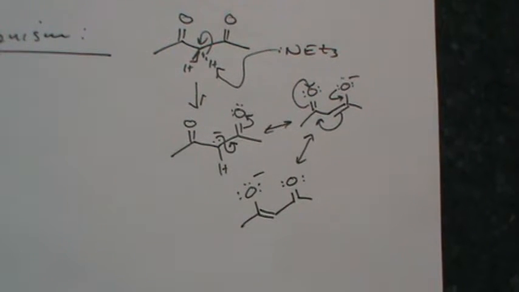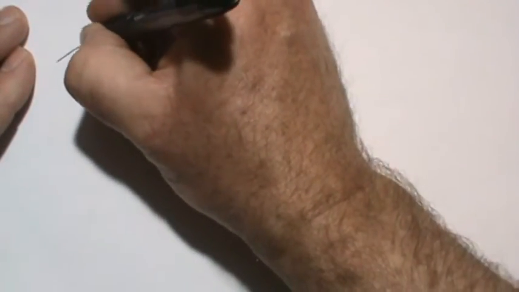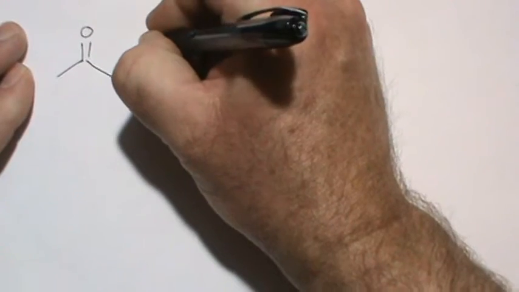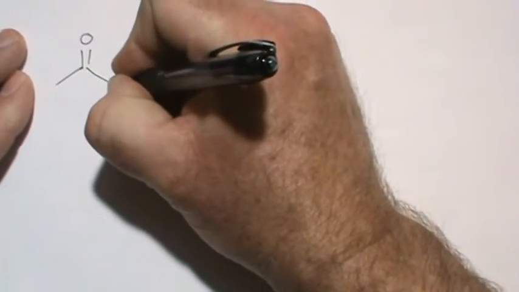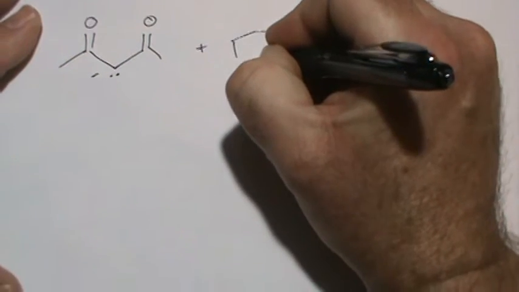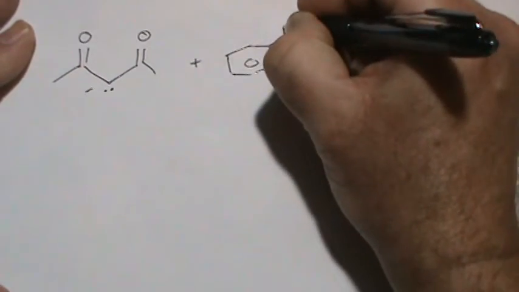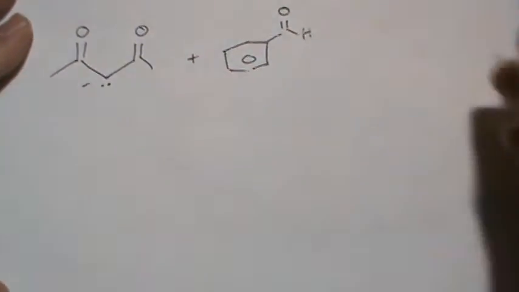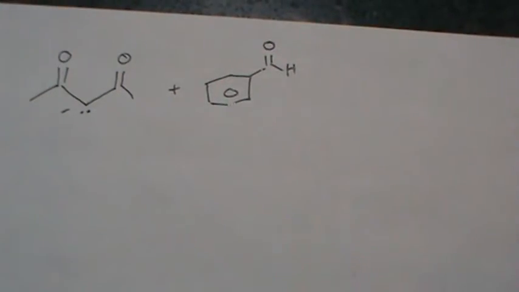I'm going to go ahead and redraw the enolate. And once again, I'm going to choose the resonance form in which the lone pair and the negative charge is at carbon. And we're going to allow it to react with our benzaldehyde molecule.